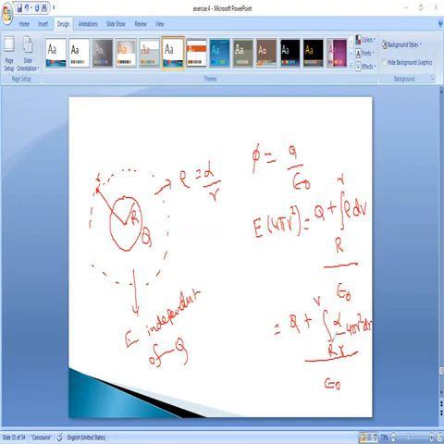Okay. Now, by calculating this, of course, r square and r will get cancelled. 4 pi alpha will remain here, which is constant, and integral r dr you have to consider. So that I will just calculate here the value, and again I will write here.